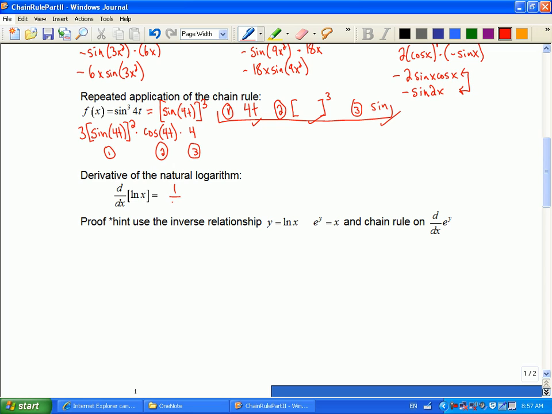This is the derivative for natural log of x, and we'll talk here about how to get that. So if I was looking for the derivative, just as a reminder in case you've forgotten, natural log x, that's the log in base e, where e is Euler's constant.